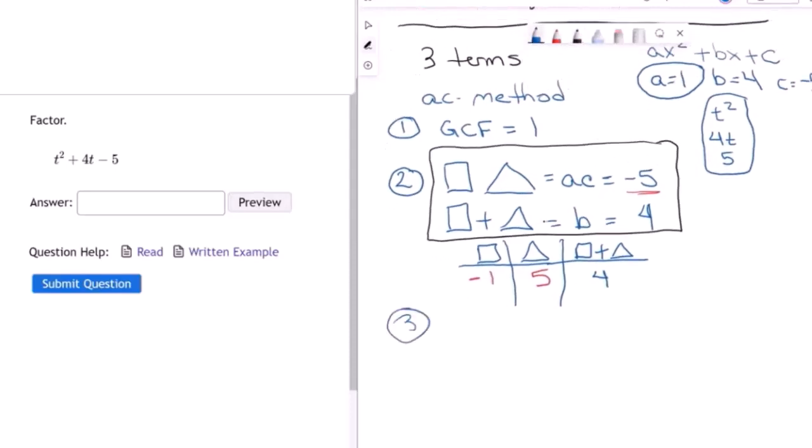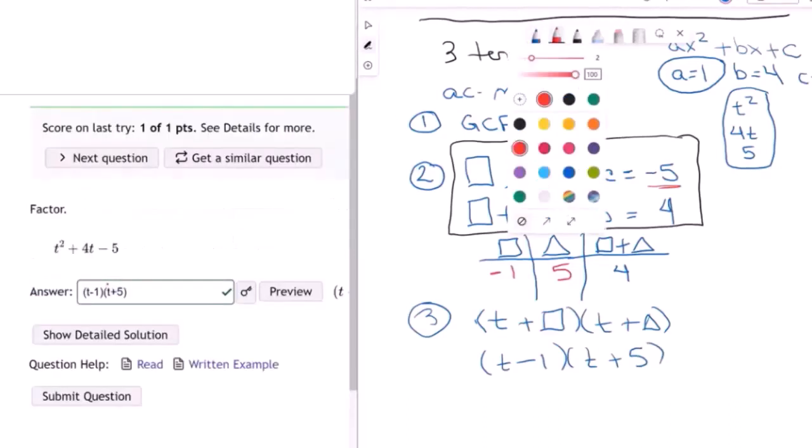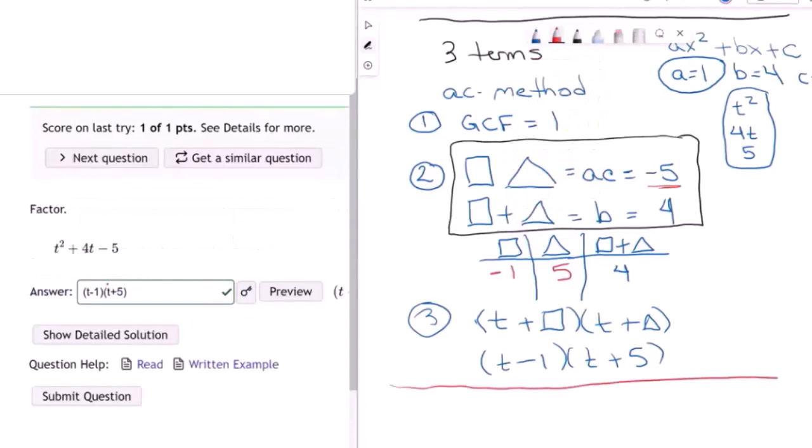Last step. When I factor it, I take my variable plus box times my variable plus triangle. I get t minus 1 times t plus 5. And now these are the factors. I can multiply these together using FOIL.